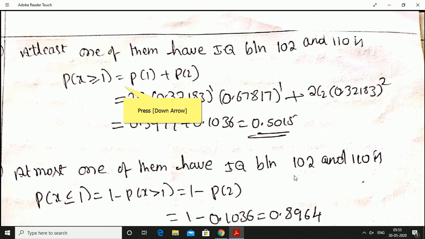Substitute x is equal to 1 and x is equal to 2 in the probability mass function of the binomial distribution and simplify it. It comes out as 0.5015.